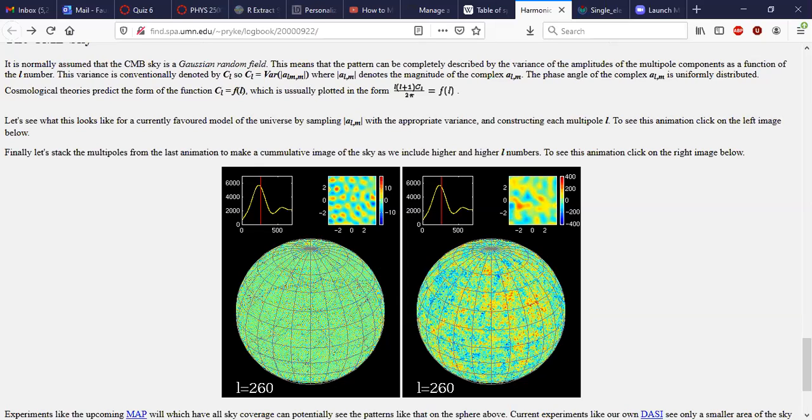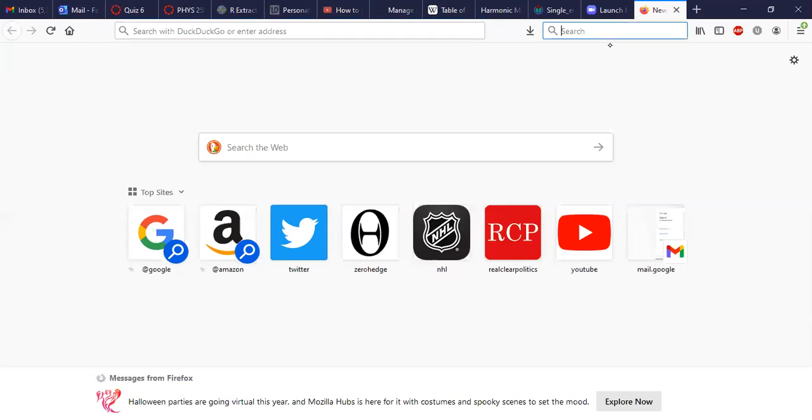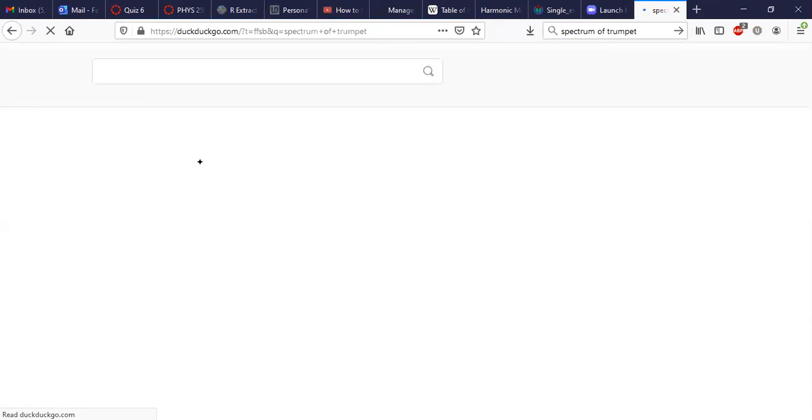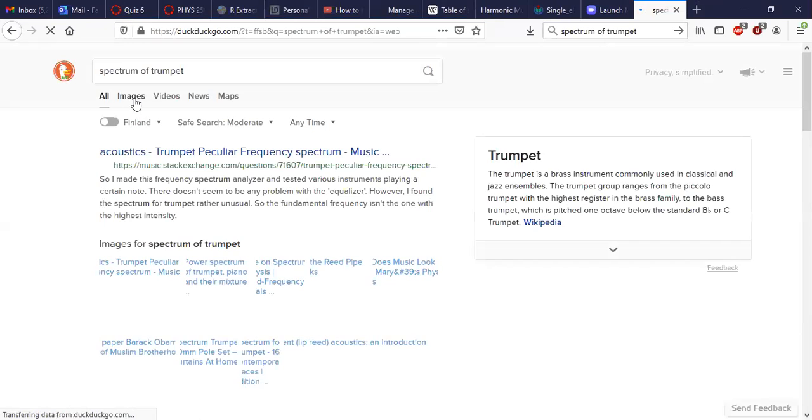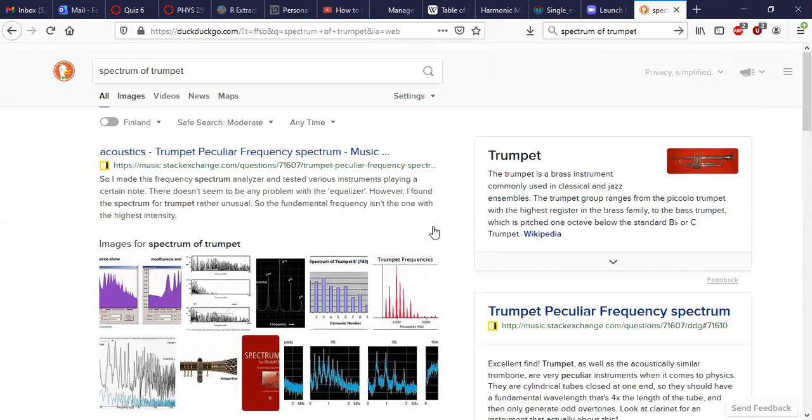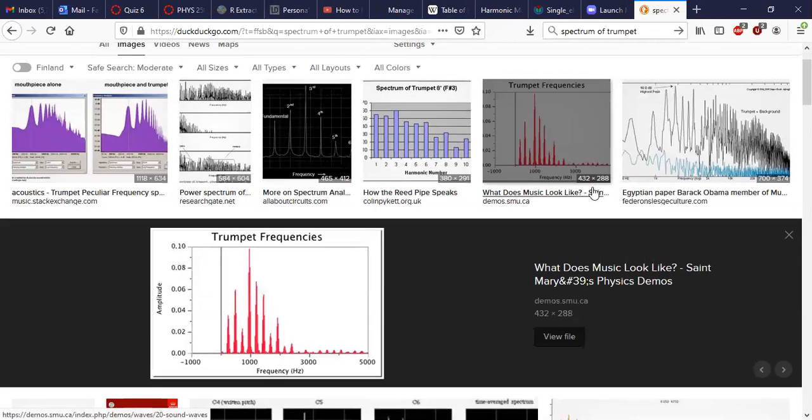So if somebody just plays a note on a trumpet and I look at the Fourier series of that, this would be how strong each frequency is, the amplitude of each frequency.